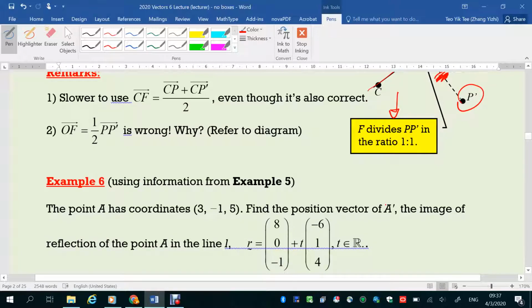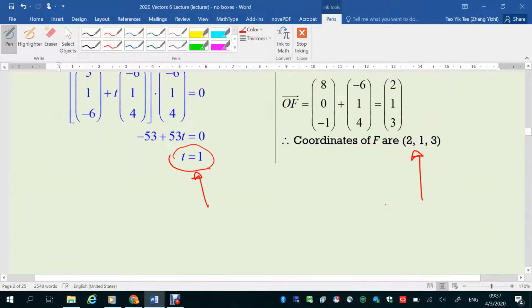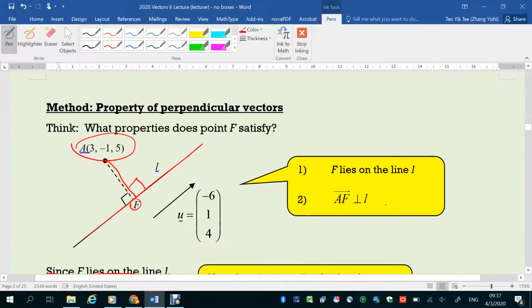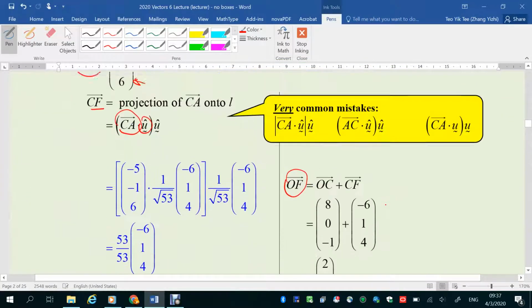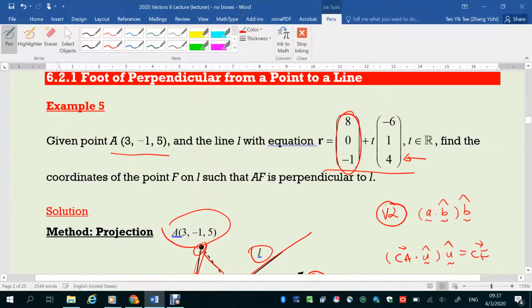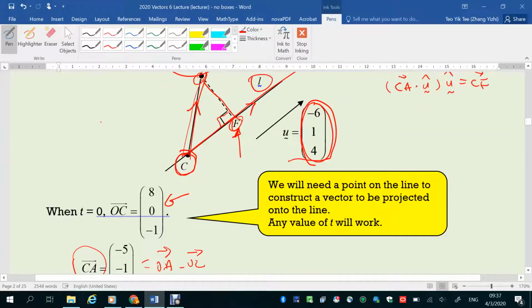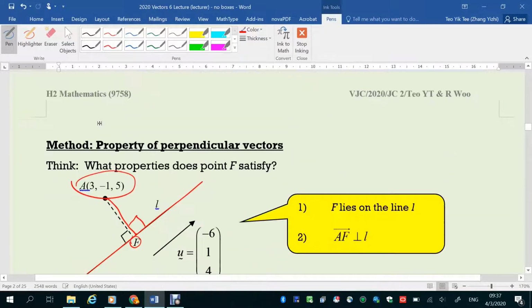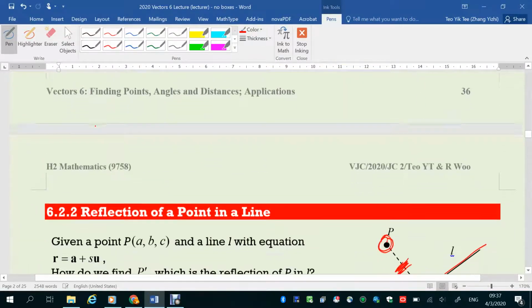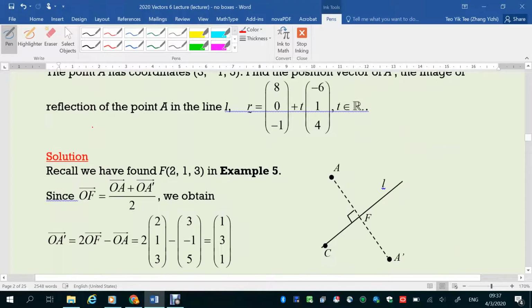We extend from example 5. Let's recall what we have in example 5. There, we found the foot of perpendicular from point A to the line L. Diagrammatically, I have already found this coordinate. My next objective is to find this A prime.